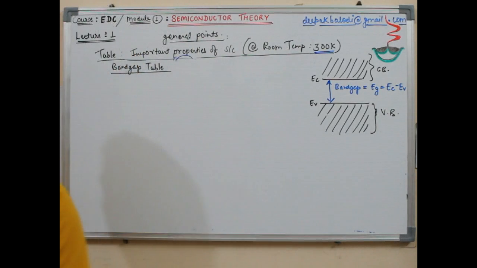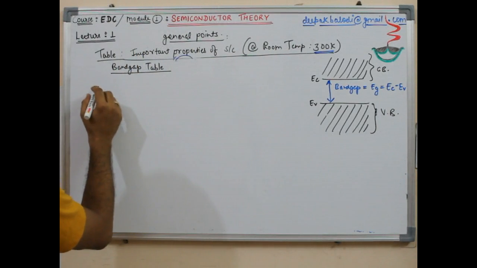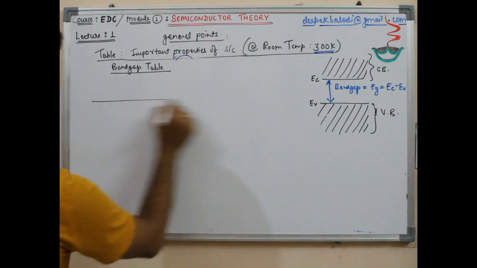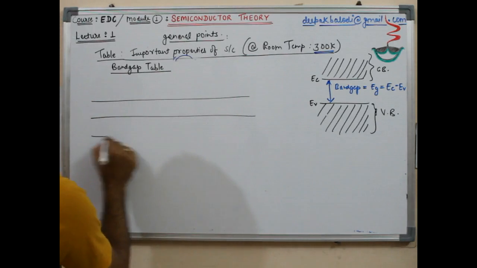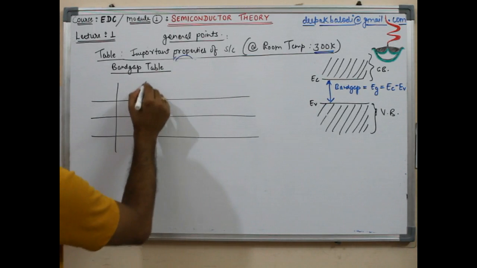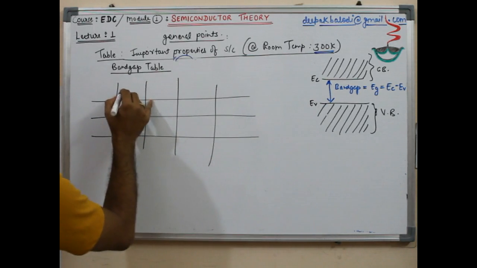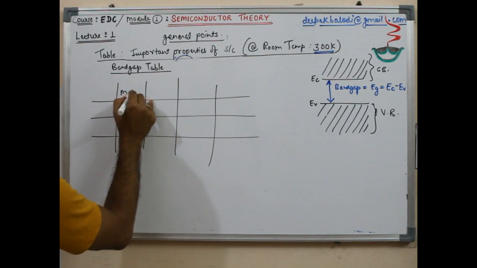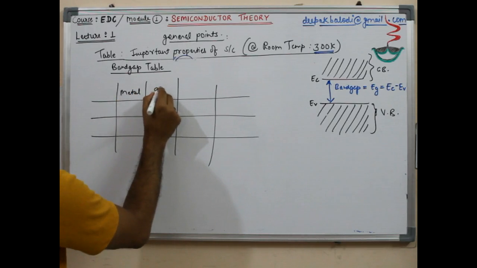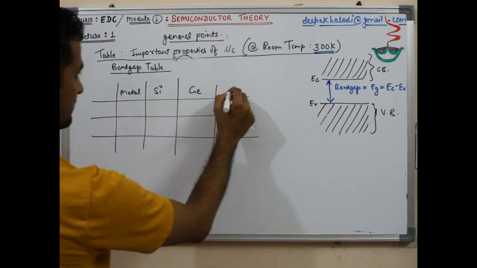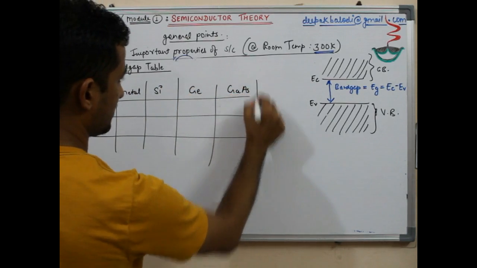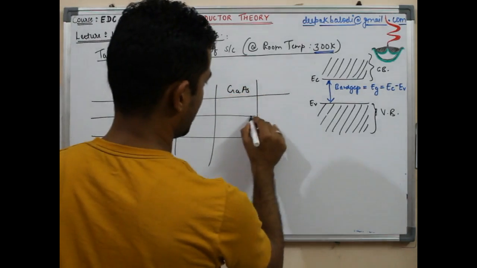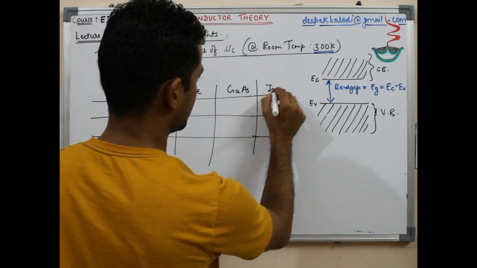So this band gap table says that if I write it, let's say, for metal, for silicon, for germanium and for gallium arsenide, or let me write it also for insulators.